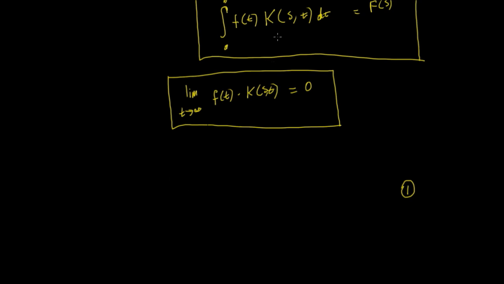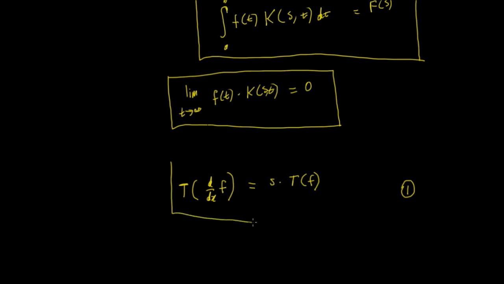Then we have to try and find out what this k of st looks like in order to ensure that that actually happens. We want to find the transform, which we'll call T, of the derivative of our function f, and we want to ensure that it equals s times the transform of the original function.